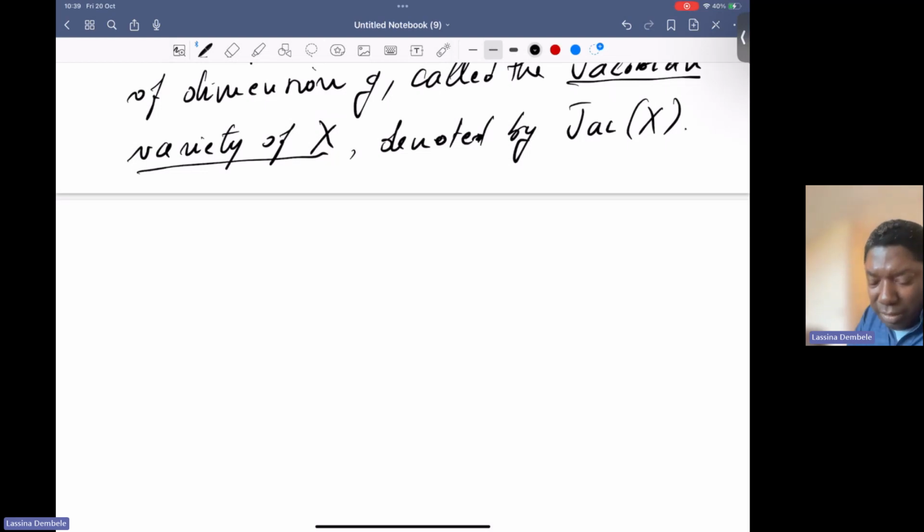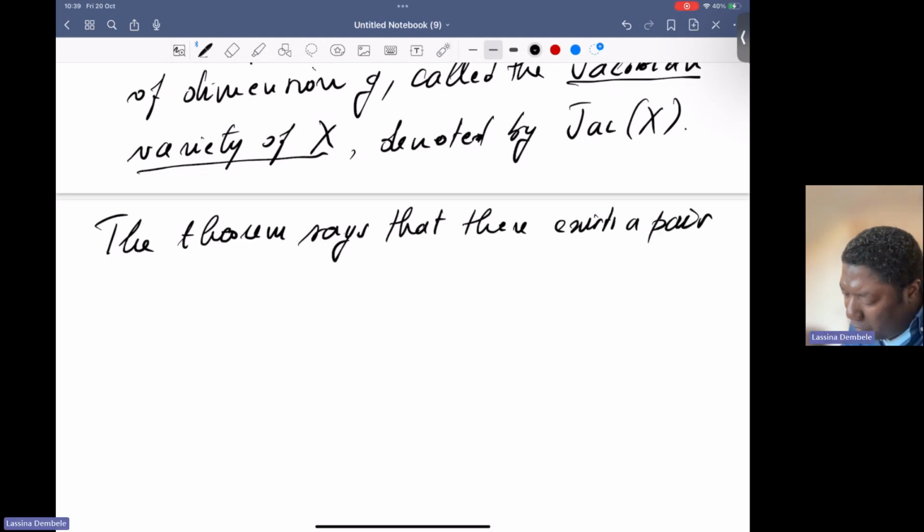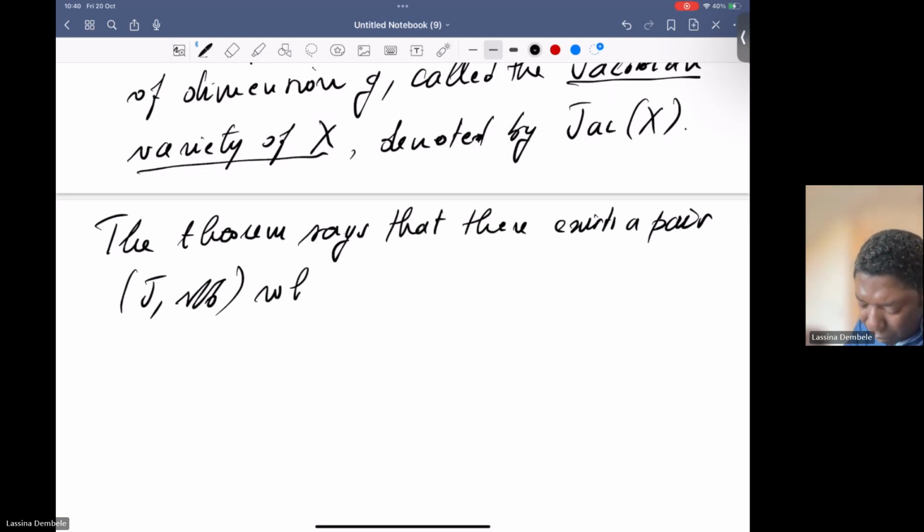So basically the theorem says the following: there exists a pair (J, m), where J is an Abelian variety.